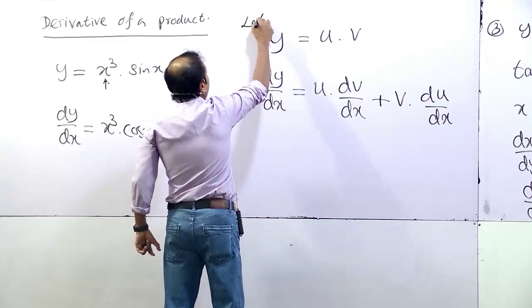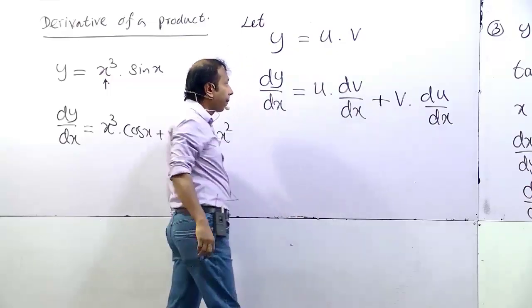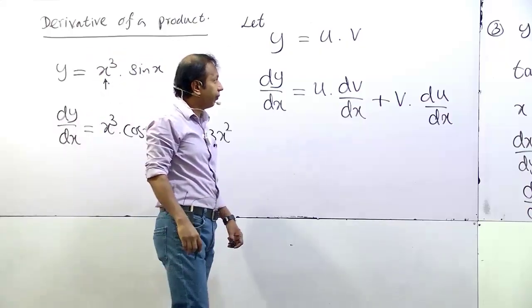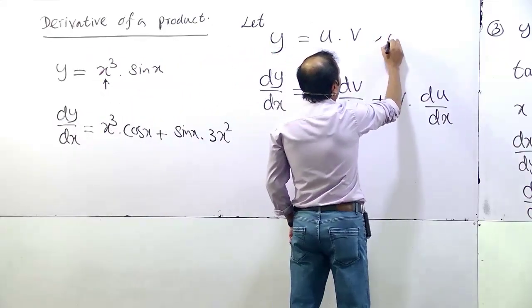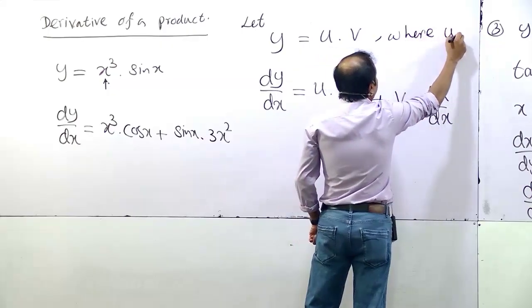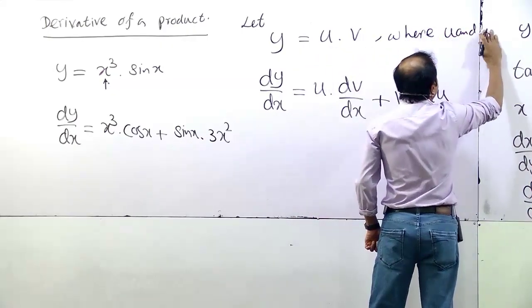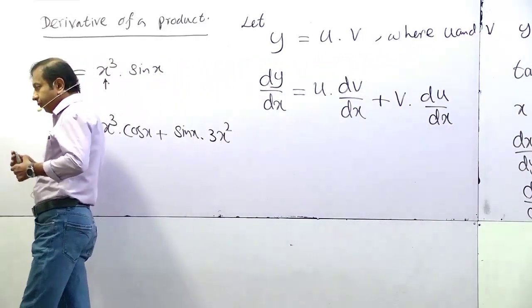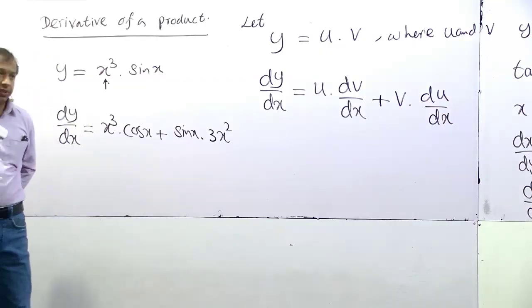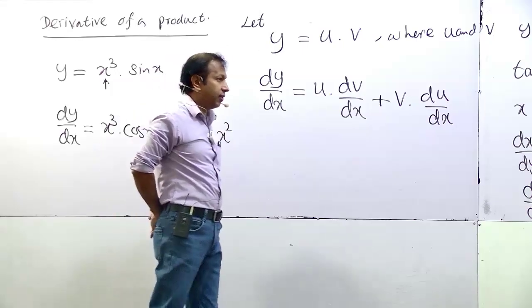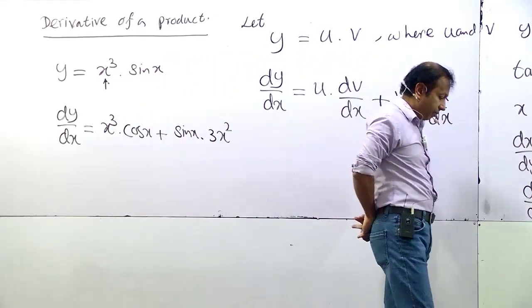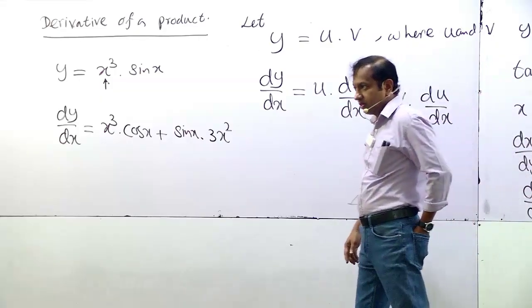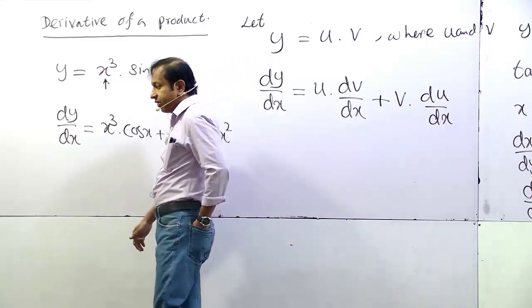Write down, let y equals u into v, u multiplied by v, where u and v are differentiable functions of x.